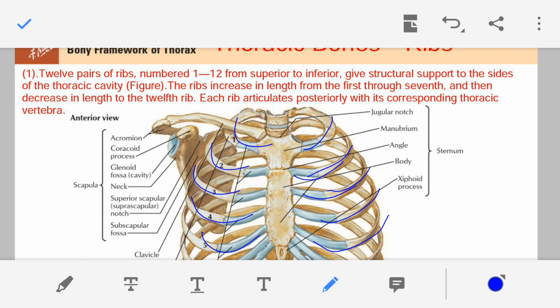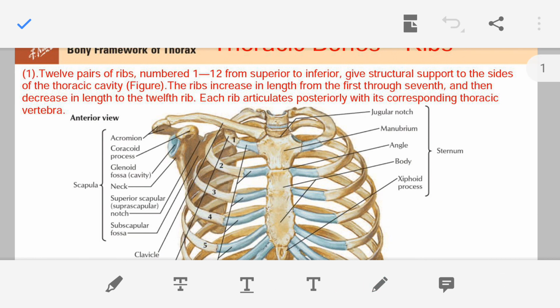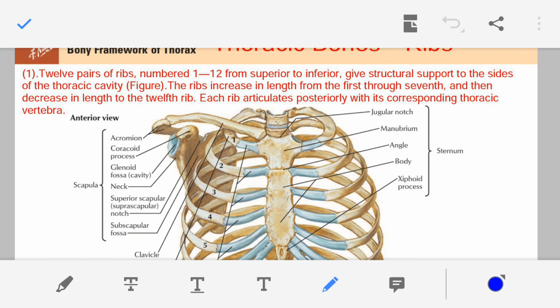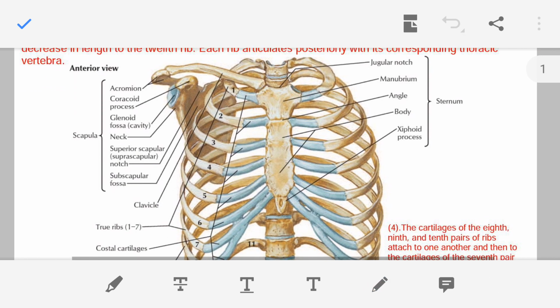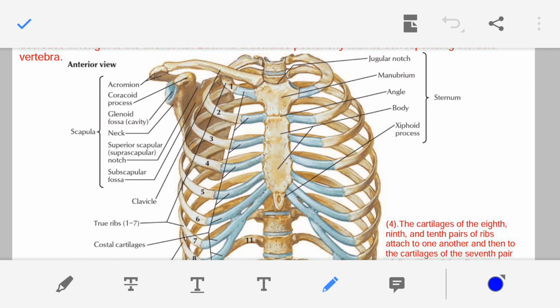Now as far as the length of the ribs is concerned, the length of the ribs increases from the first through the 7th rib. For example, this is the first rib. You observe the length of the rib.